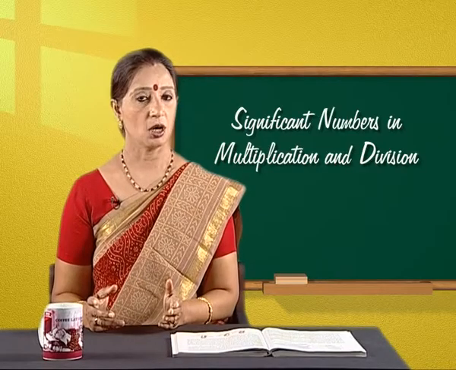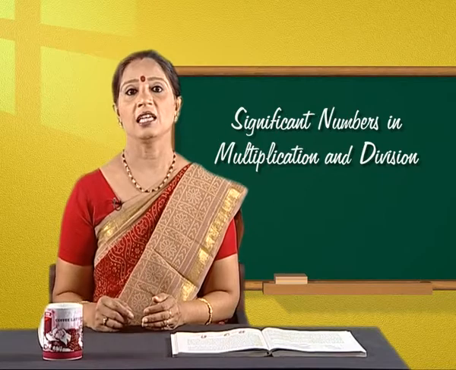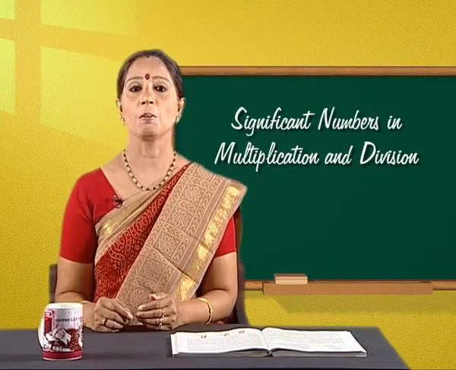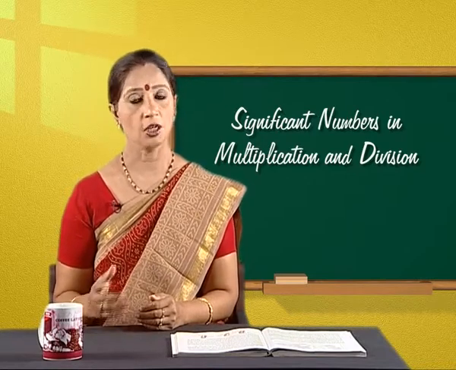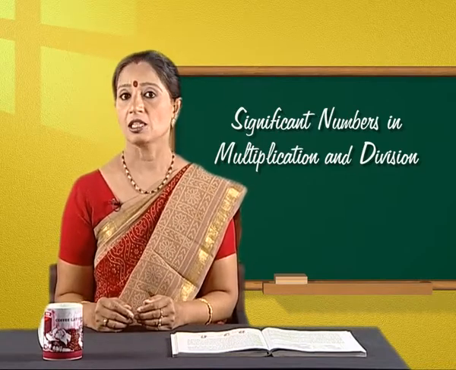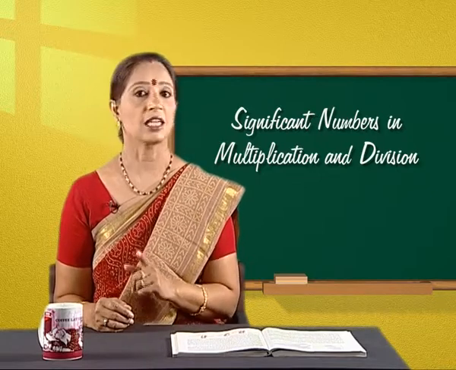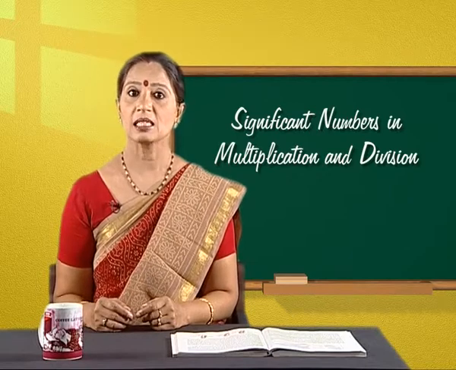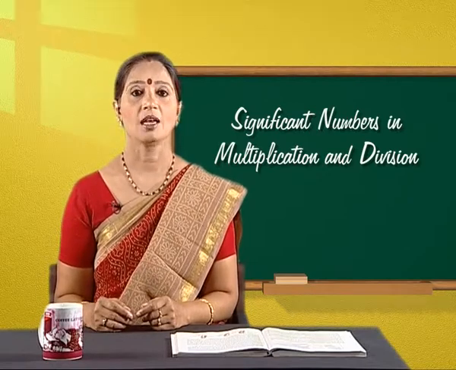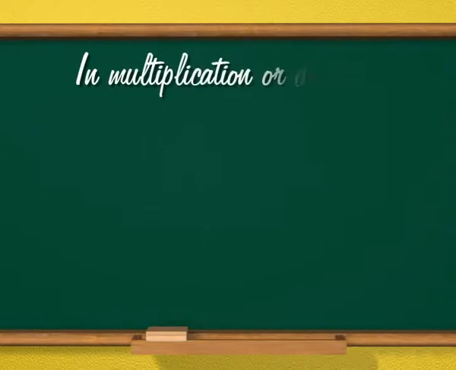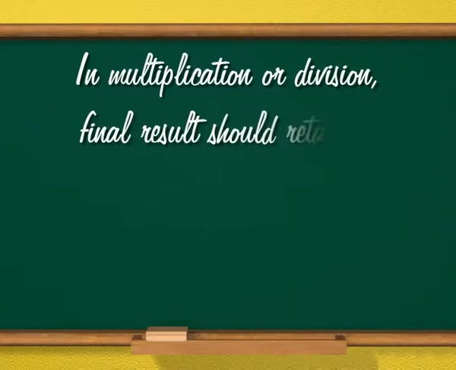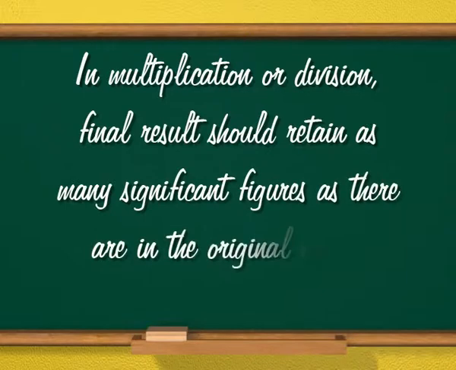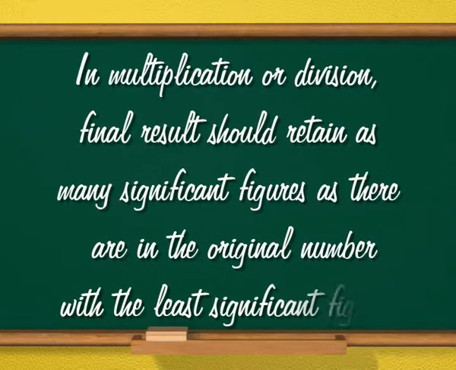In multiplication or division, do not retain a greater number of significant figures in a result computed from multiplication and/or division. Final result should retain as many significant figures as there are in the original number with the least significant figures.